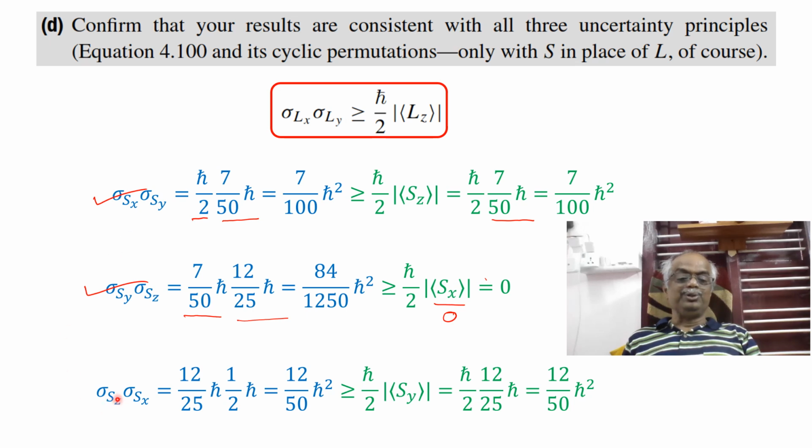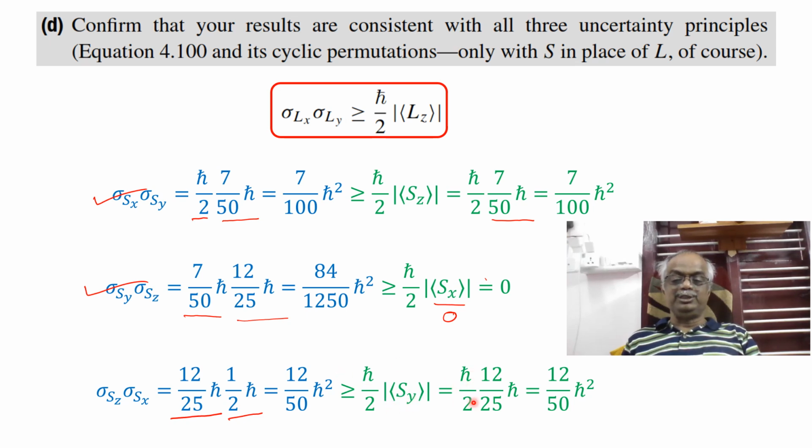Now you come to the third one, σ_Sx σ_Sz. σ_Sz we have seen is 12 divided by 25 ħ, and σ_Sx is ħ over 2, we have seen. If you multiply both, you will get 12 divided by 50 ħ², which must be greater than or equal to ħ over 2 times the modulus of the expectation value of Sy.